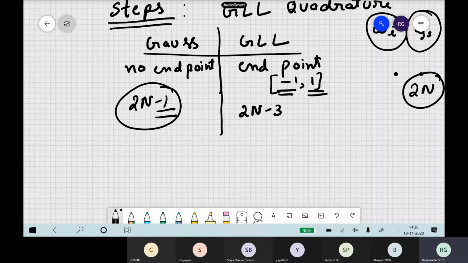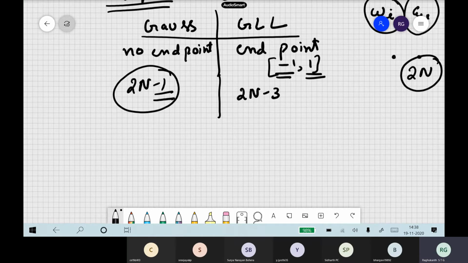In GLL quadrature, two points are already fixed, so it is not exact for polynomials of order more than 2n minus 3; then some errors will crop into the integration. This is the most important thing we observed in spectral element.